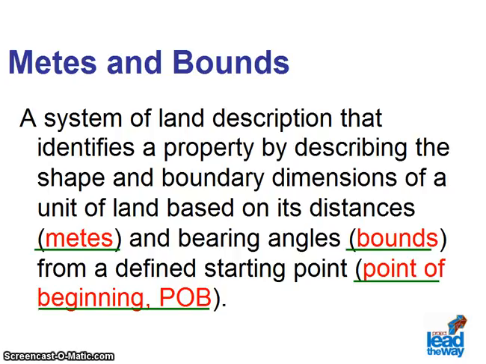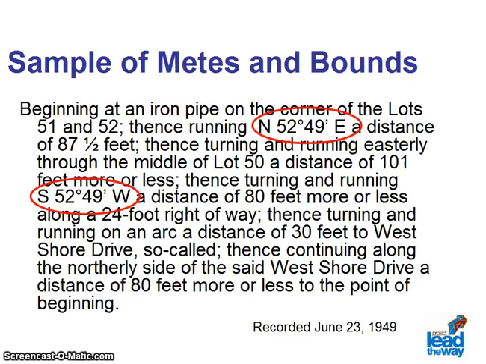Here is an actual deed recorded on June 23, 1949 with the state of New Hampshire. Beginning at an iron pipe on the corner of lots 51 and 52, thence running north 52 degrees 49 minutes east, a distance of 87½ feet. Thence turning and running easterly through the middle of lot 50, a distance of 101 feet, more or less.